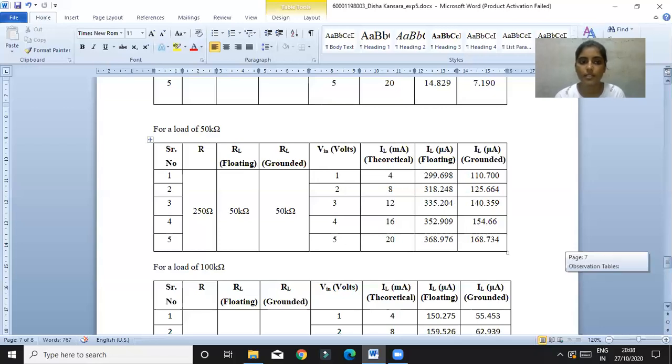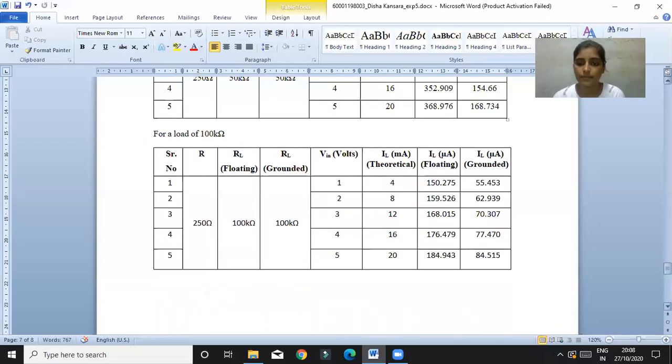It is similar for the 100k. So this is my output for the floating and ground load.